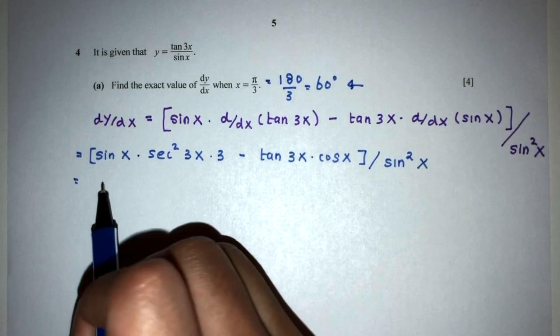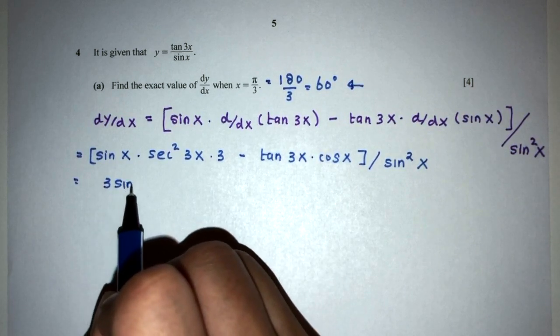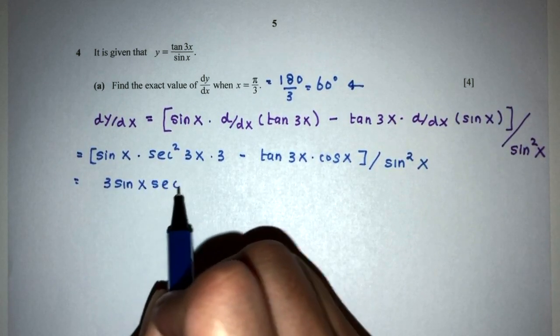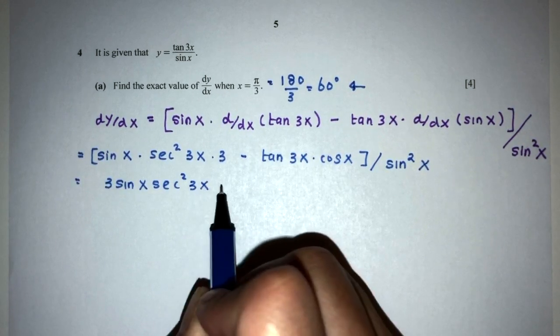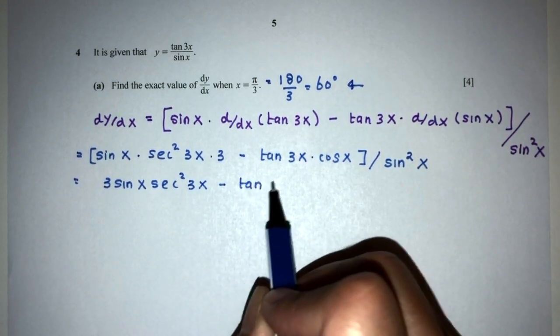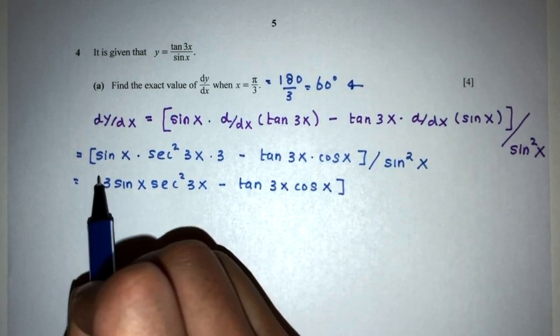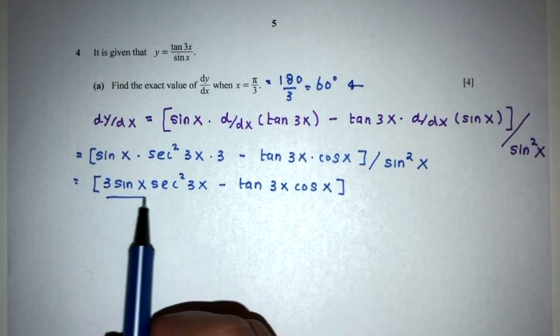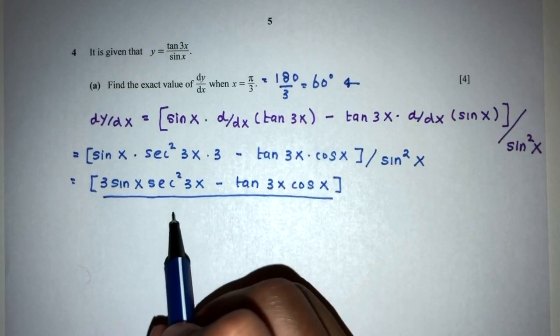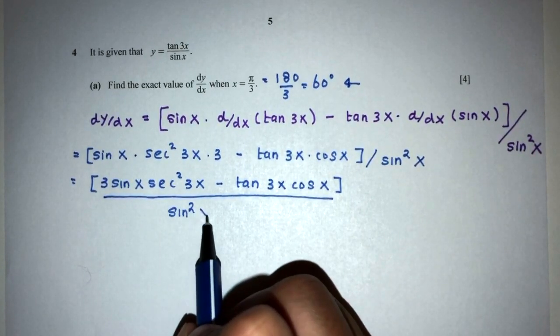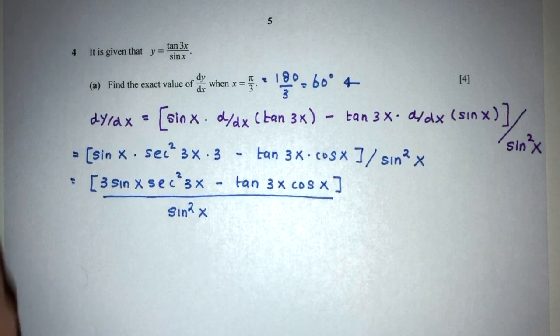Okay, so simplified, that should be 3 sine x sec squared 3x minus tan 3x cos x, divided by sine squared x. So that is your dy by dx for the first step.